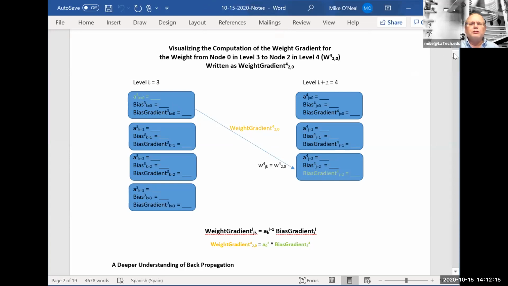I promised you that we would look at a deeper understanding of these equations and where they come from, and we will do that here in a moment. But before we do that, I wanted to go back and revisit the Excel spreadsheet that we briefly talked about last time.